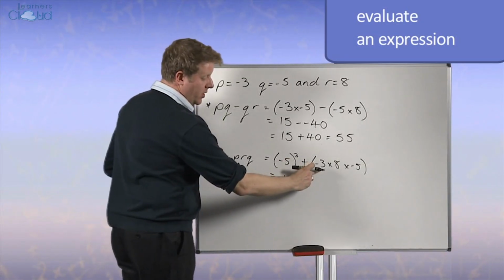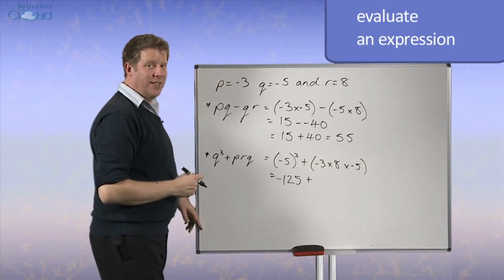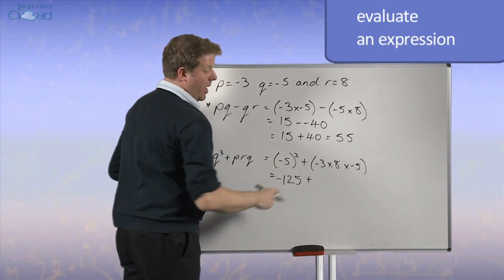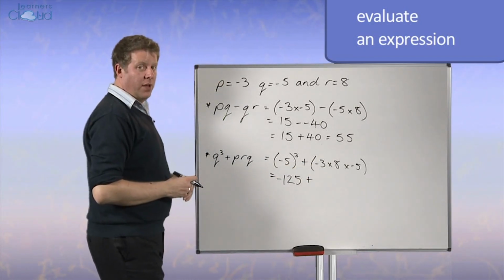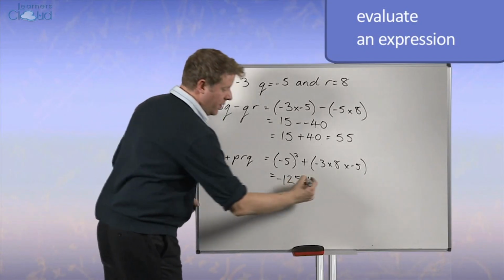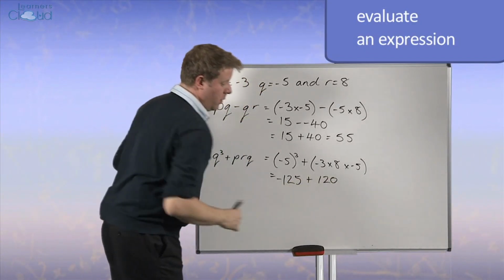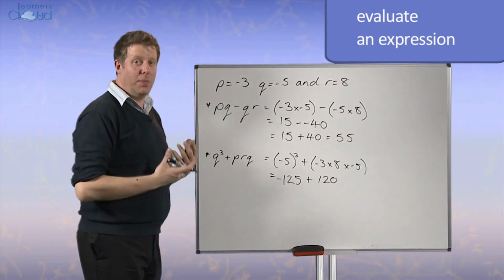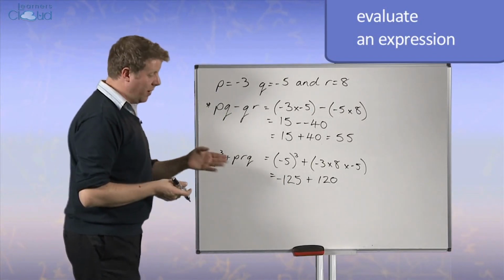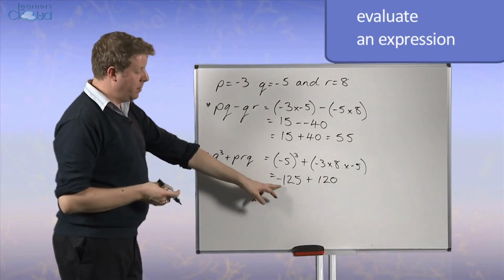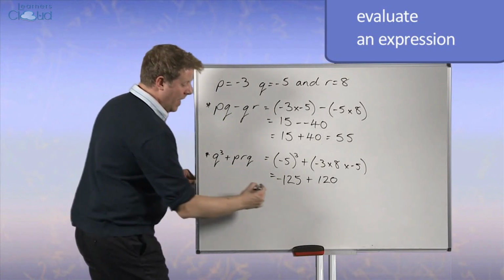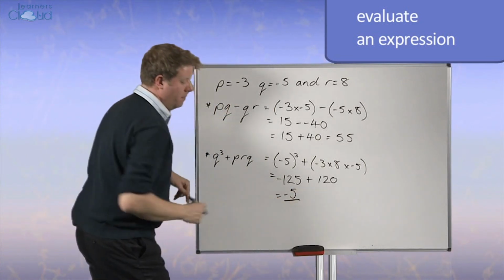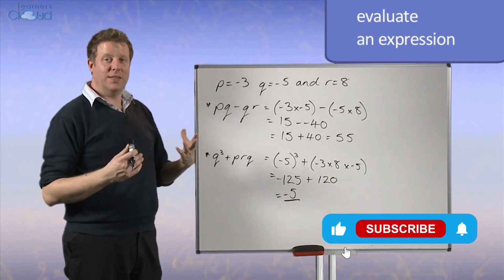So we've got minus 3 multiplied by 8, so that would be minus 24, multiplied by minus 5 gives us positive 120. So the two negatives in that calculation have given me a positive answer. So my final answer, therefore, is going to be minus 125, add 120. My final answer, therefore, is minus 5.